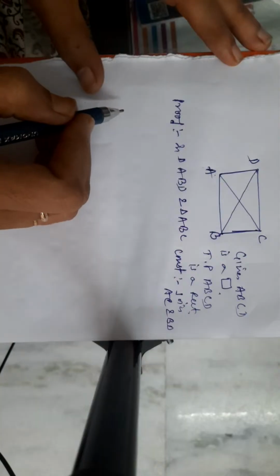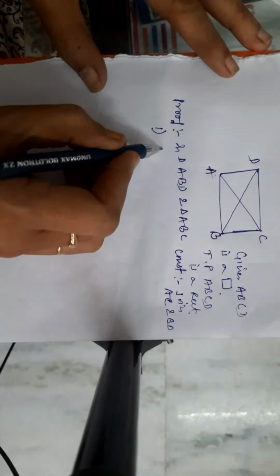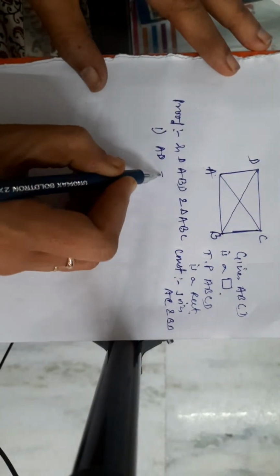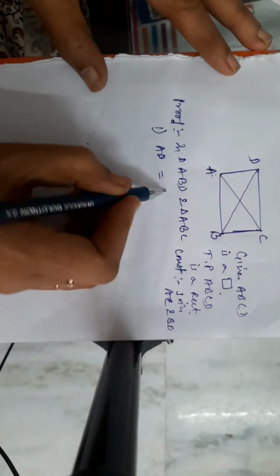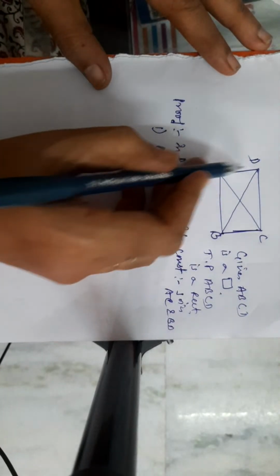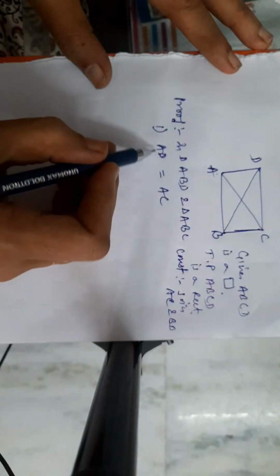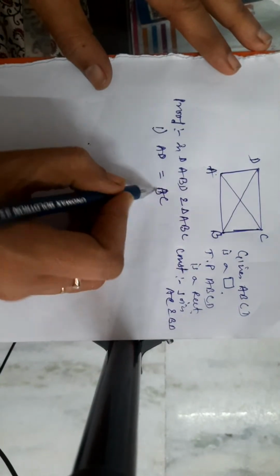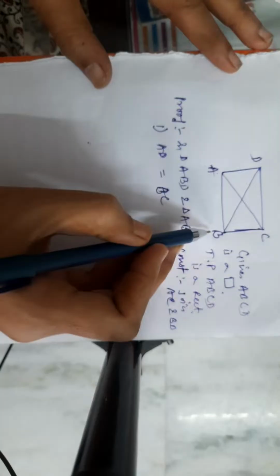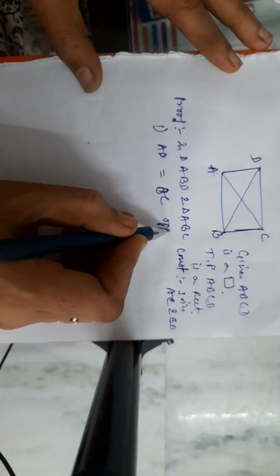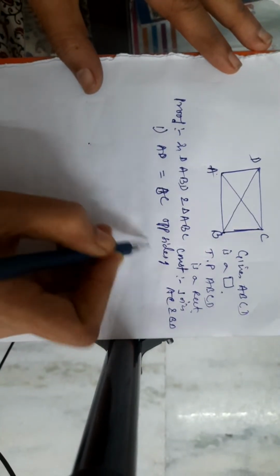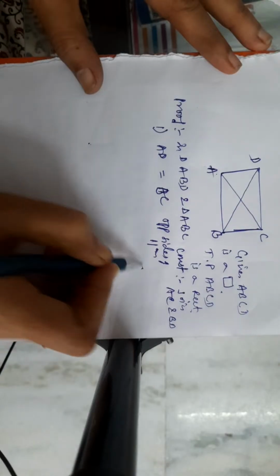Two triangles we have chosen. Now the first point, AD is equal to BC. They are opposite sides of the parallelogram. AD equal to BC, opposite sides of a parallelogram.